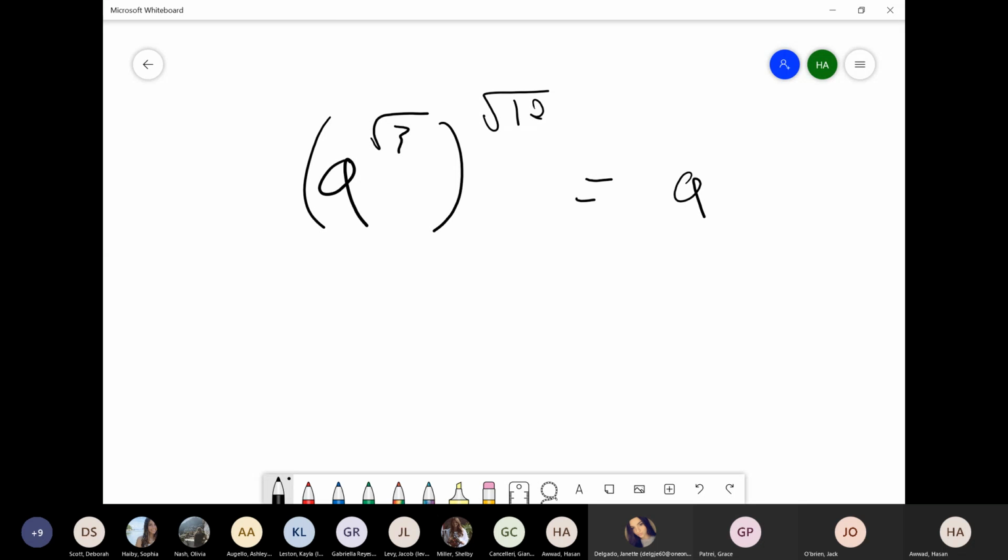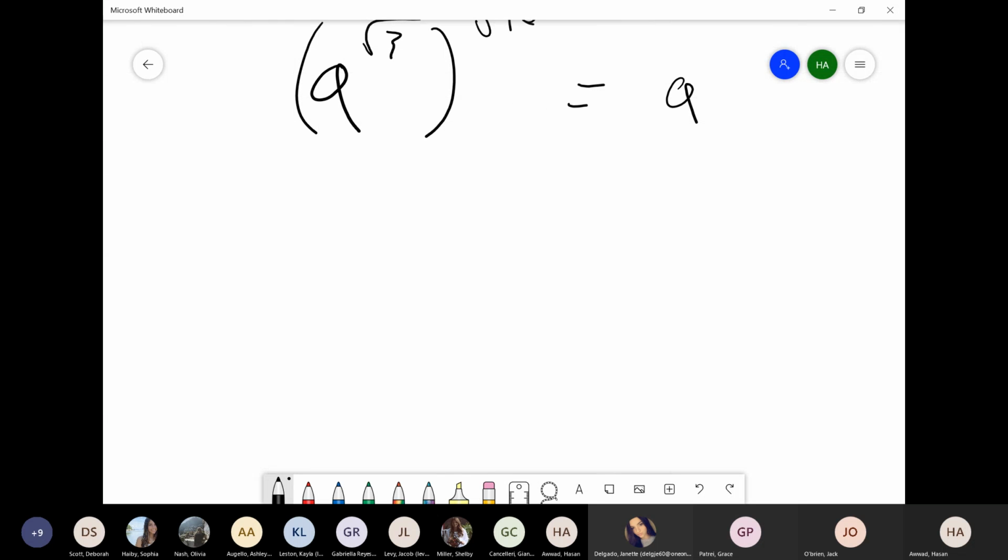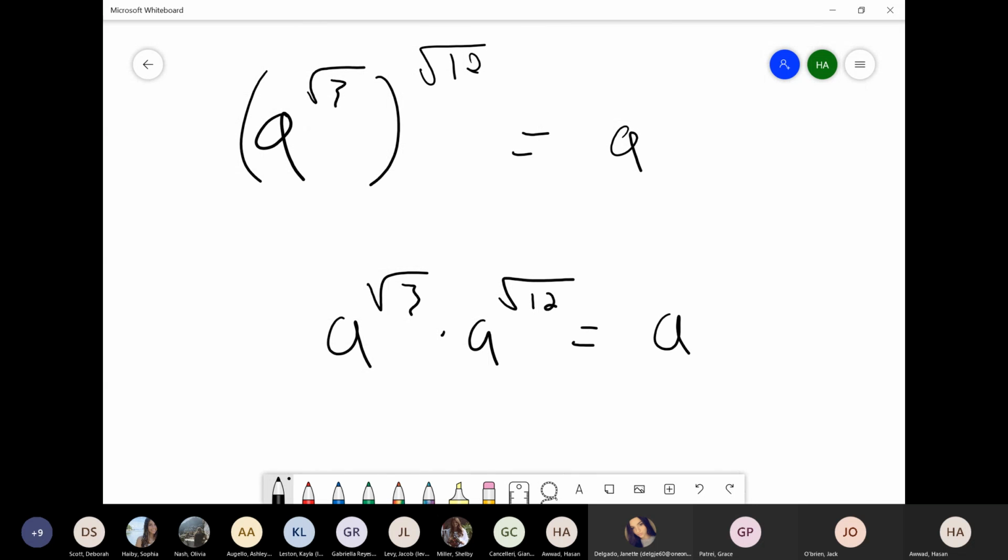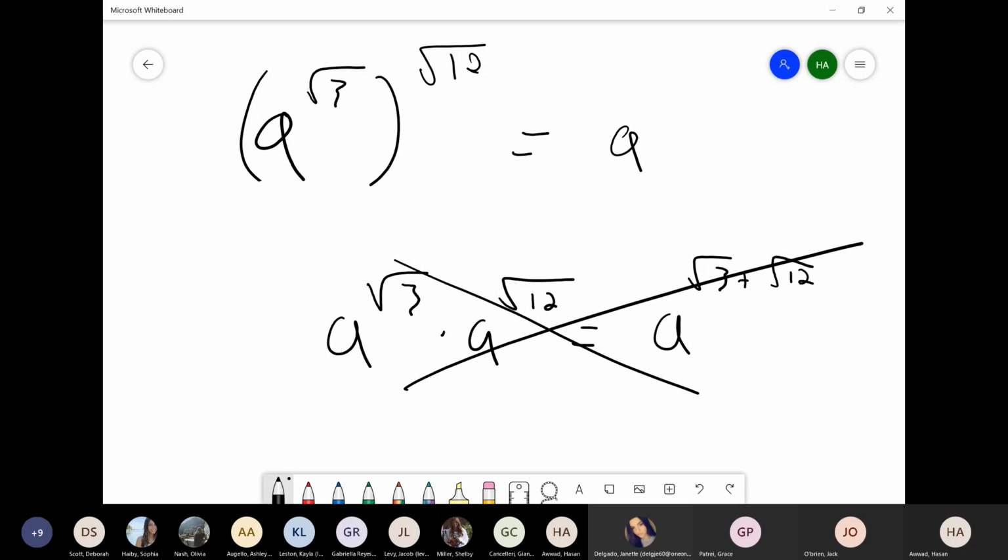From what we know about our exponent rules, if we had this, for example, hypothetically, this tells you keep the base the same and you add them, right? So this is your addition of exponents. If this one is your addition, and obviously this looks very different than that, then the top one, you're not adding your exponents, right?